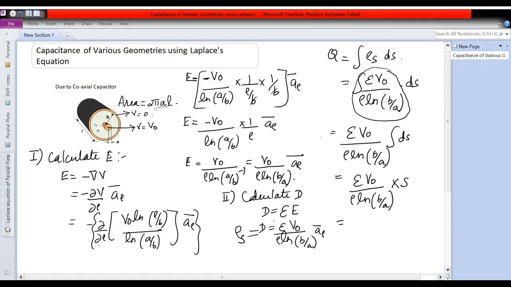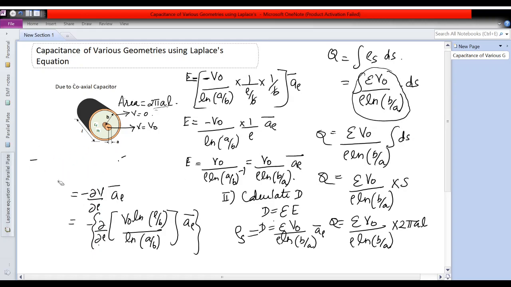So Q is epsilon V naught by rho into ln of B by A into 2 pi A into L. When your radius rho is equal to A, you will have your V naught value.